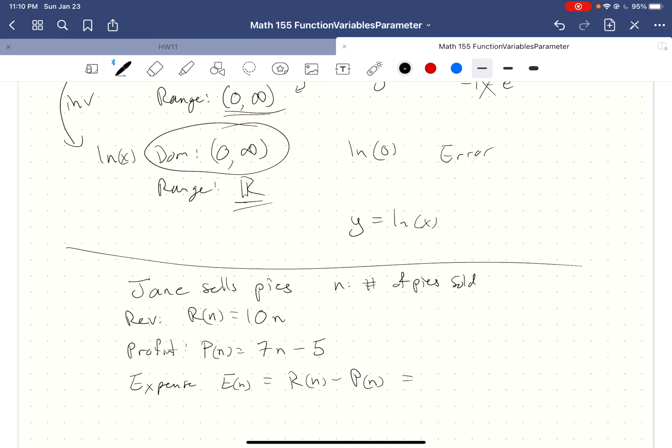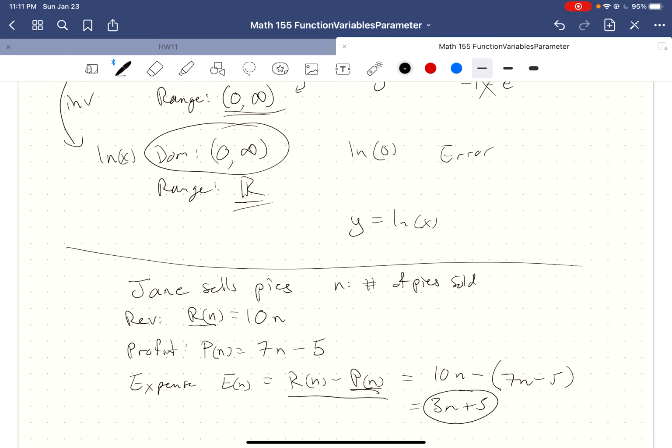Okay, so what does that mean? So here's the math symbols, but R as a function of N is just 10 times N. So 10 times N minus, and then profit as a function of N is 7N minus 5. Okay, so I end up getting 3N plus 5. This is her expenses as a function of N.